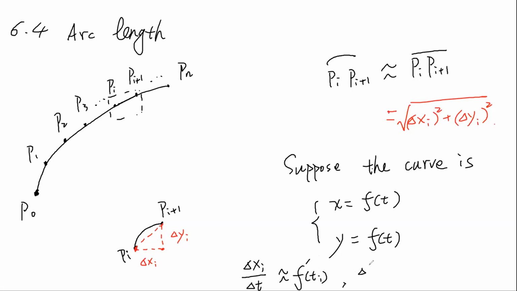And delta y_i divided by delta t is approximately g prime of t_i. This is a usual trick in calculus.